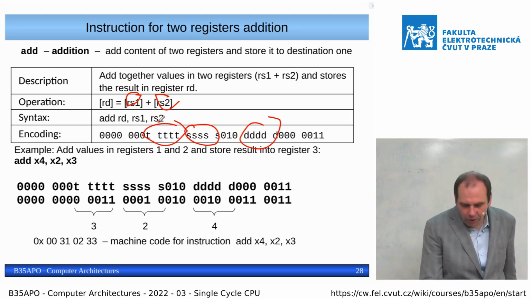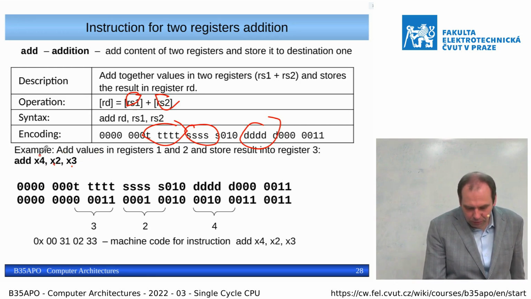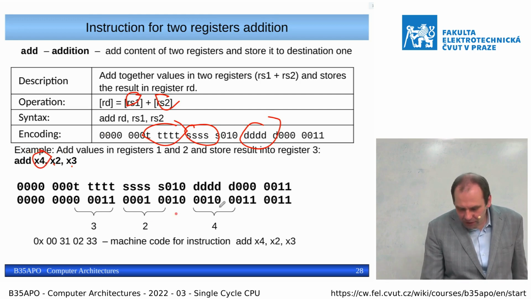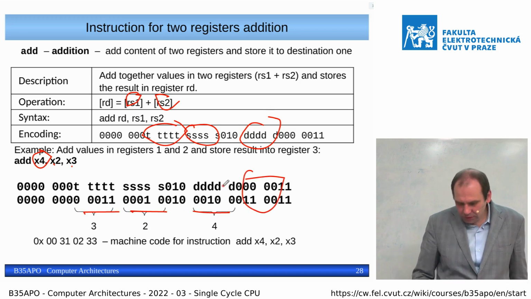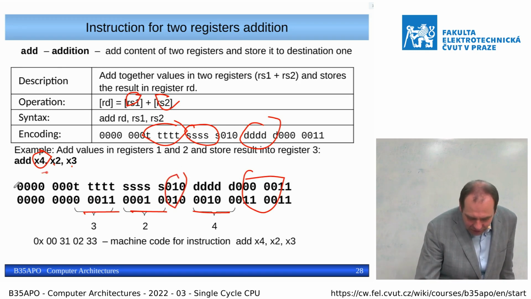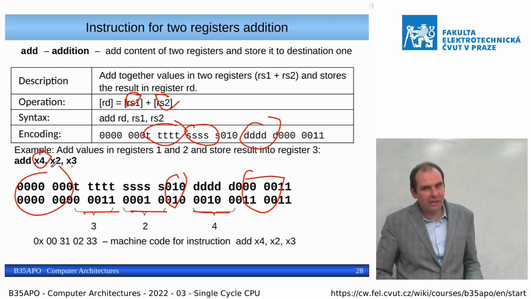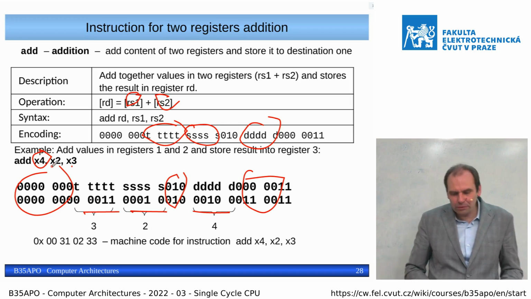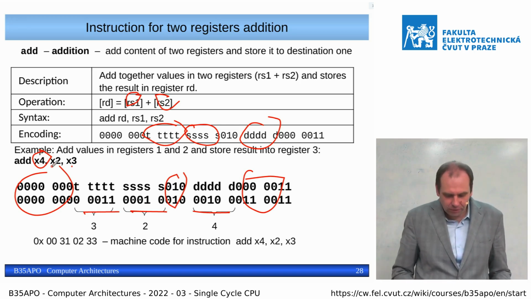So if we have operation at register 2, register 3, and put the result to the register 4, then we encode it this way. Destination, first source, second source, then there is an opcode, and there are the bits which are not used for immediate operand, so we use those bits to select the actual operation if it is addition, subtraction, and so on.